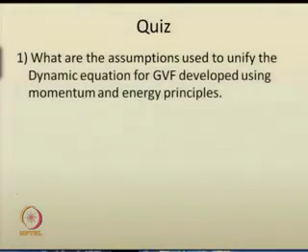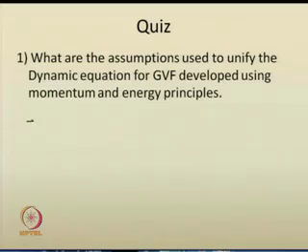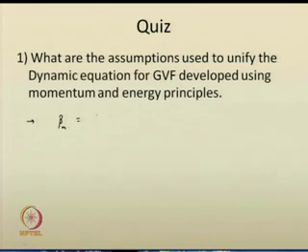So, the solution for the first question, what are the assumptions involved here. It is a straightforward question. You can have the momentum correction factor as well as the energy correction factor approximately equal to 1, that is, the velocity across the cross section is fairly uniform.